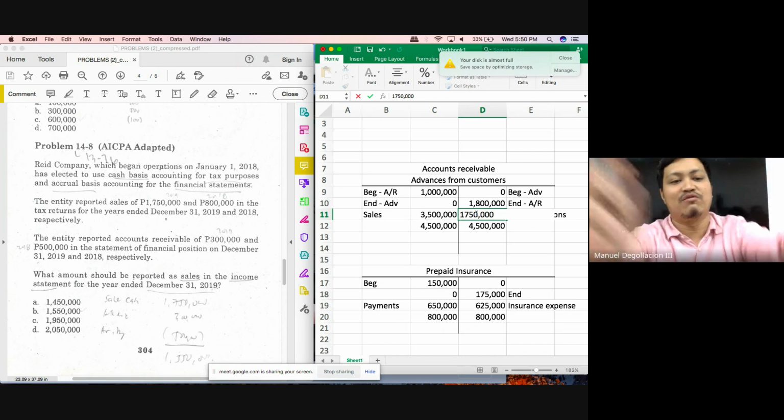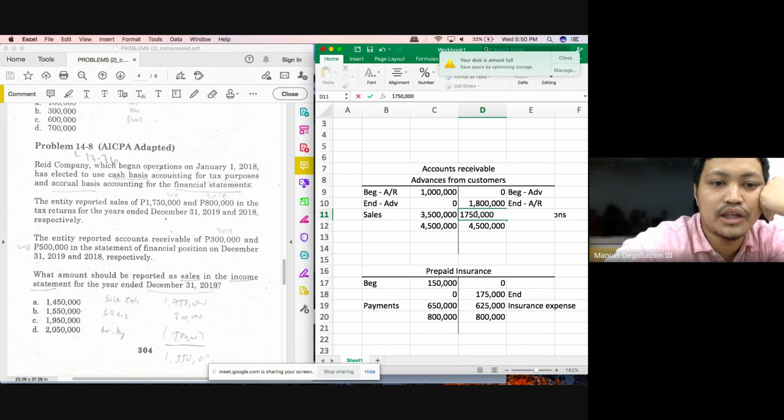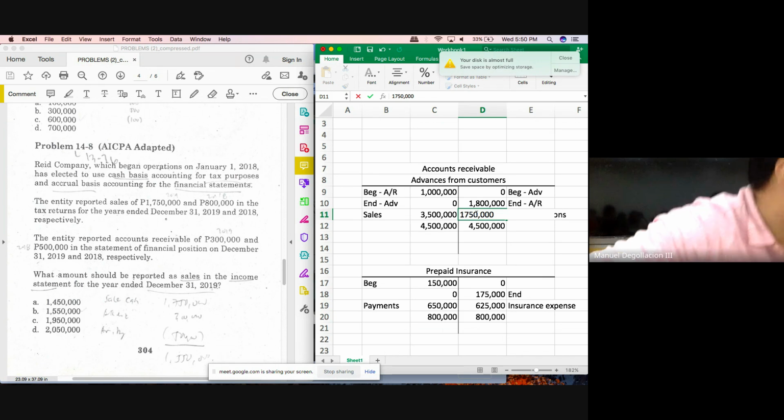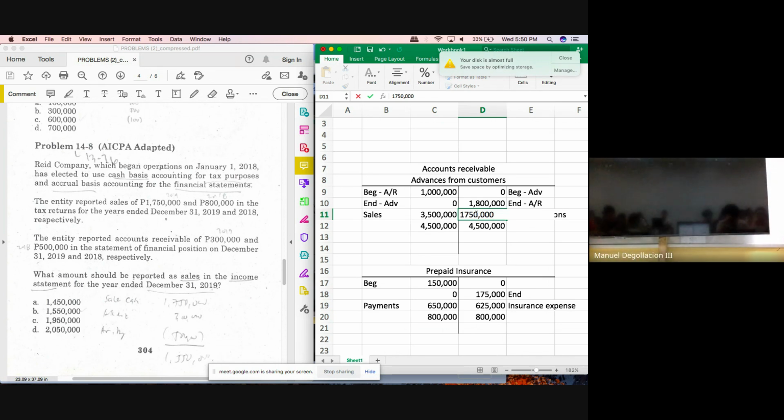What else do we have? The entity reported accounts receivable of 300 and 500 in the statement. Which one is the beginning there? The 300 or the 500? 500. So this one would be, hopefully there's no write-off.